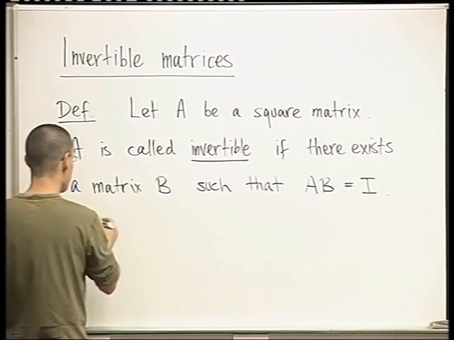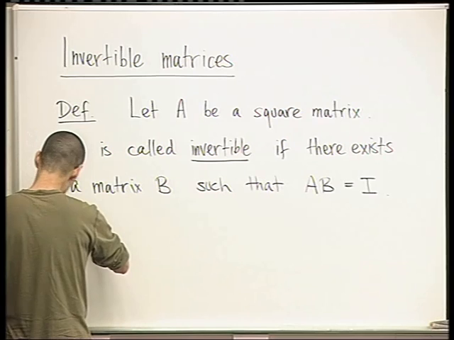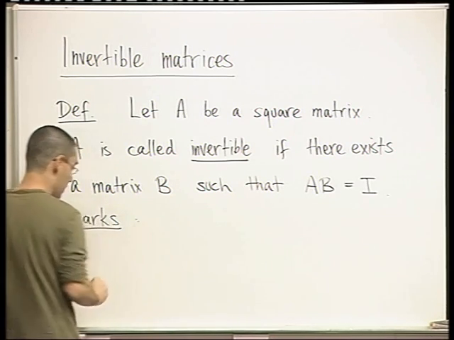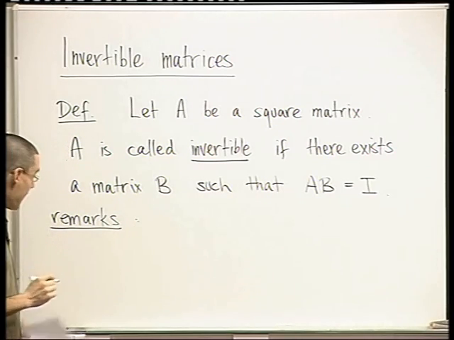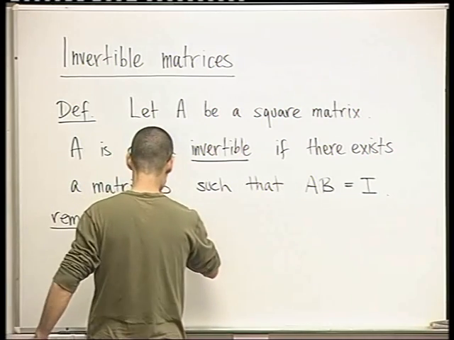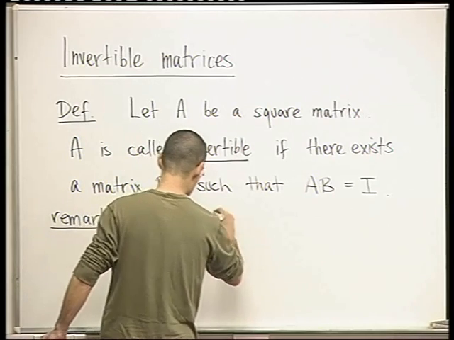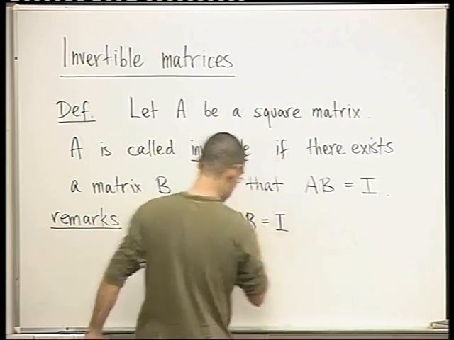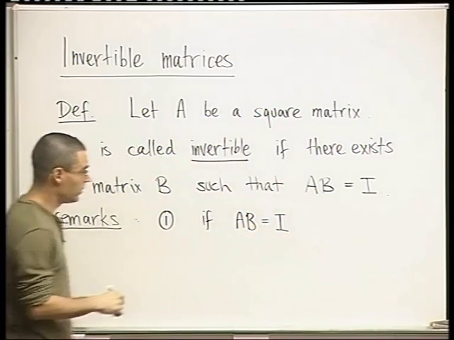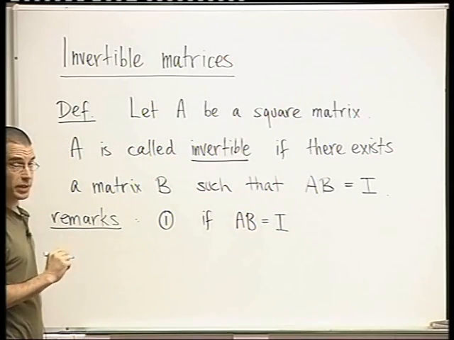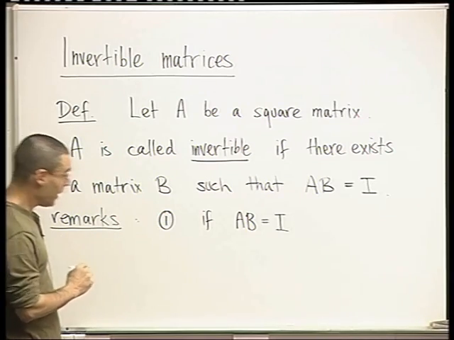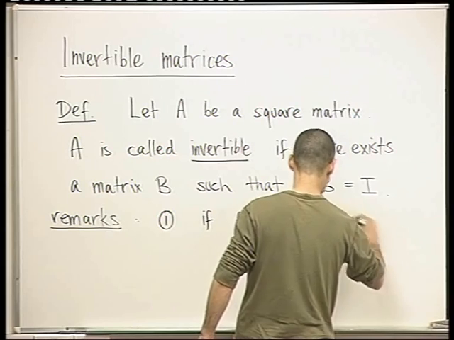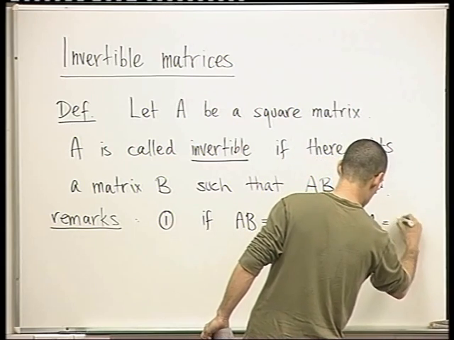So here are two remarks. In fact, they're theorems, and they need proof, but I'm not going to prove them. I'm just going to state them as facts. The first one is, if AB equals I, so if A is invertible and B is what we're going to call its inverse in a minute, and the product is I, then BA equals I as well.